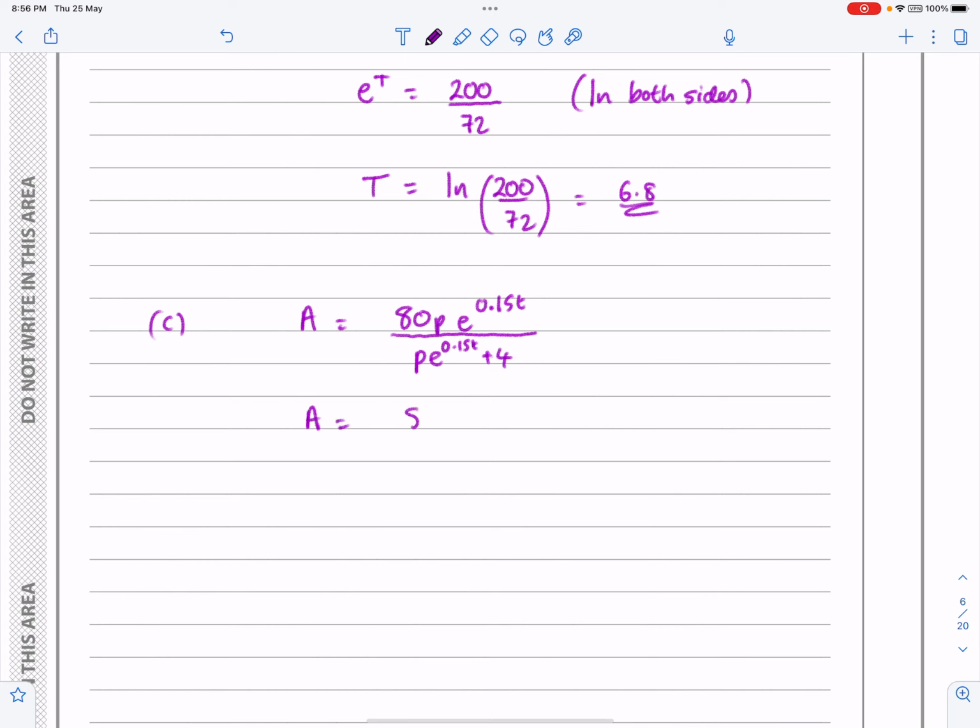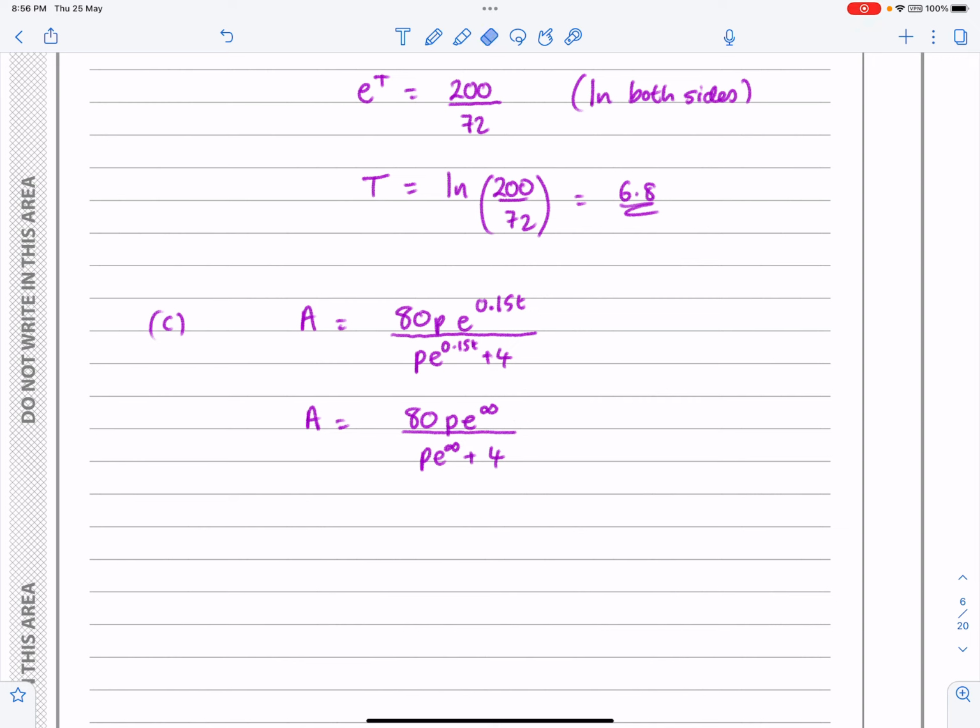So this is a little trick that I sometimes do with these sorts of questions, is that I'm going to say that works out to be 80e^(infinity) all over 5e^(infinity) plus 4. Now, it's this thought process that if I've got pretty much infinity up there, or at least a huge number up there, and a huge number here, adding 4 onto it makes no difference in terms of any degree of accuracy here.